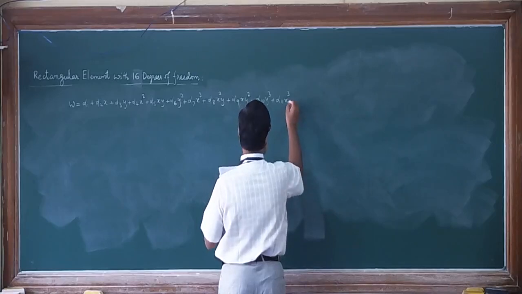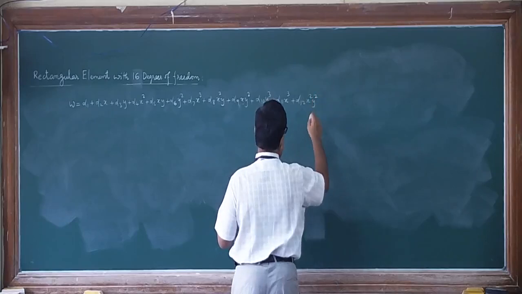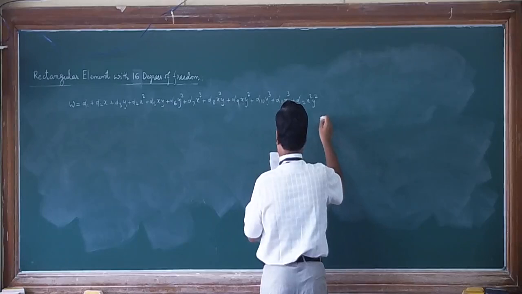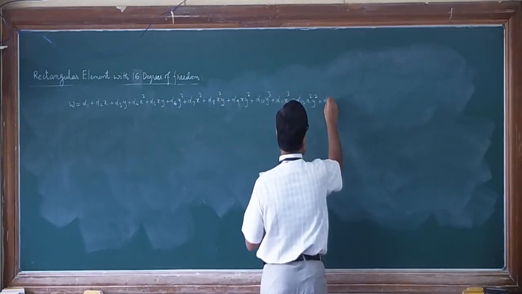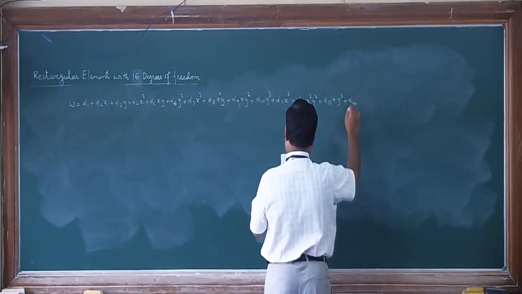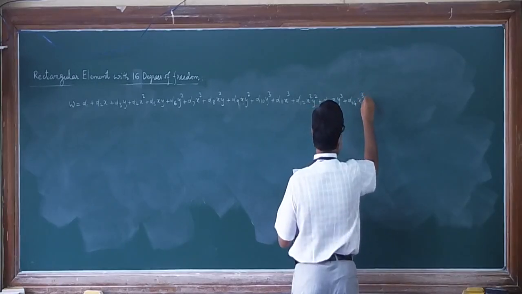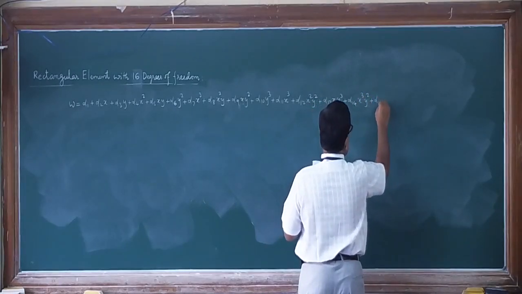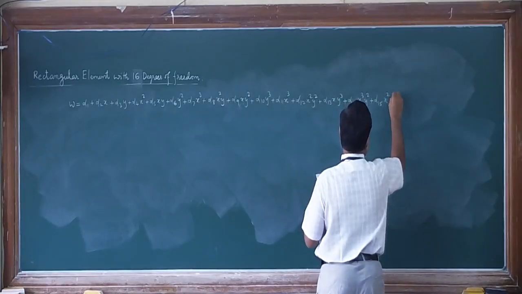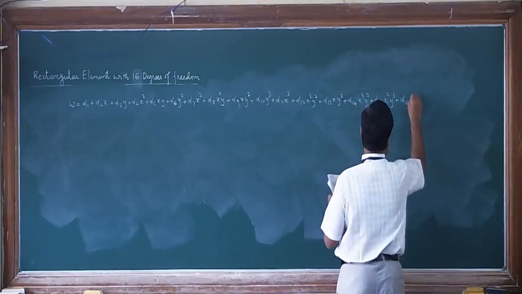Plus alpha 12 x square y square, plus alpha 13 x y cube, alpha 14 x cube y square, plus alpha 15 x square y cube, plus alpha 16 x cube y cube.